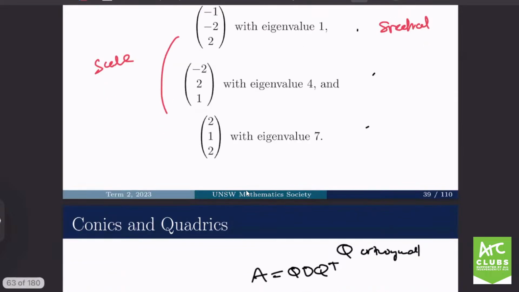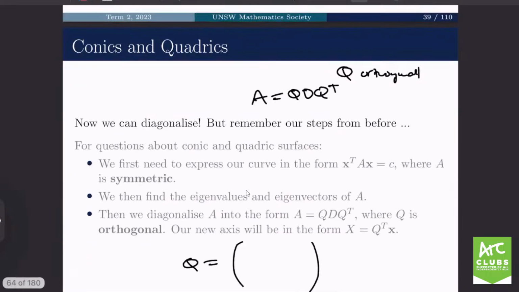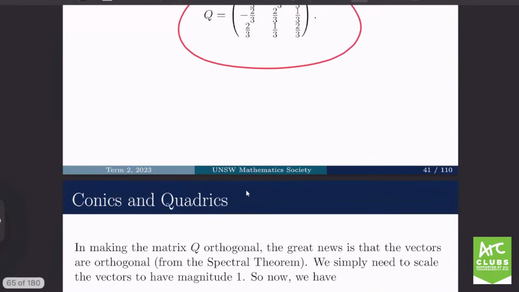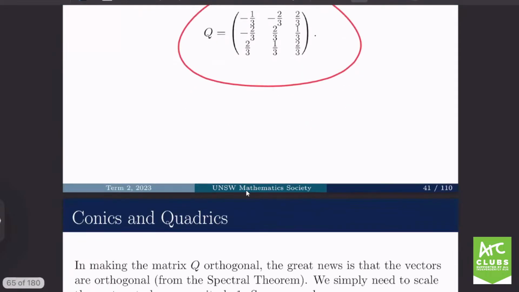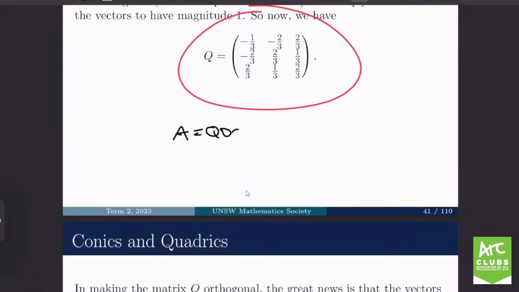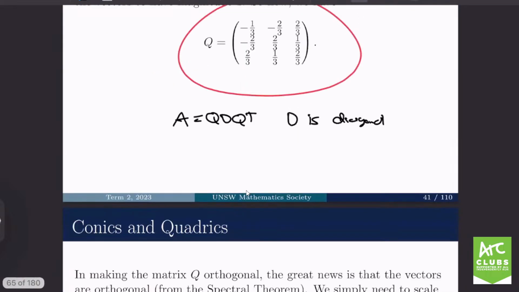So for example, for the first one, (1, -2, 2) becomes 1 over the square root of 1 plus 4 plus 4, which equals 3, times (1, -2, 2). And we'll keep doing that, and then this is our matrix Q. And that's very nice, because then we can say that A equals Q D Q transpose, for D diagonal, and in particular, D will correspond to our eigenvalues.